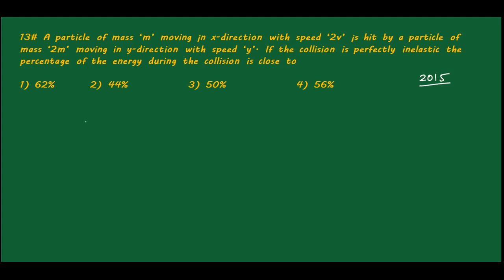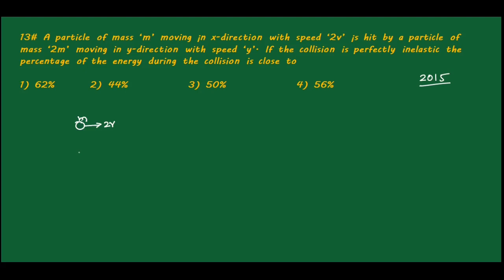Okay, see, there are two particles moving, one in x direction, one in y direction. It is clear. So suppose one particle is moving in x direction with velocity 2v, and the mass is m.